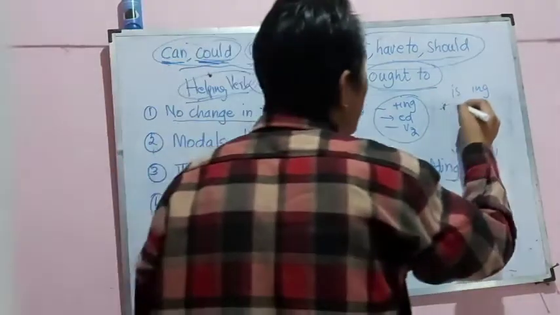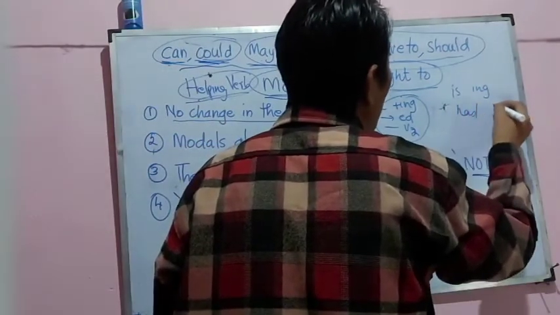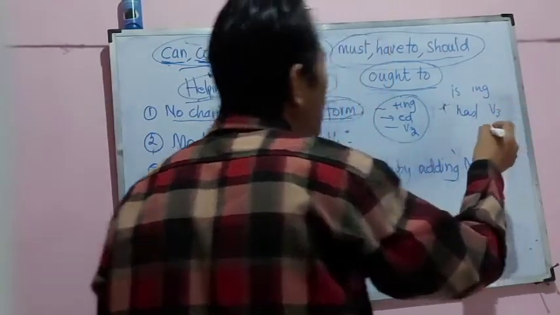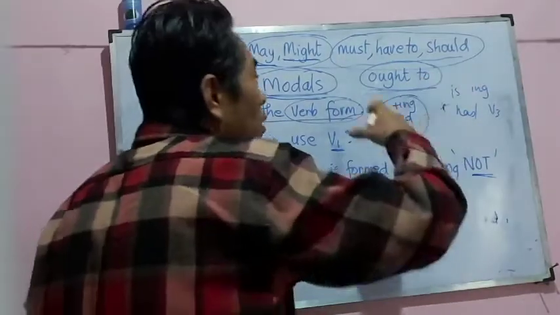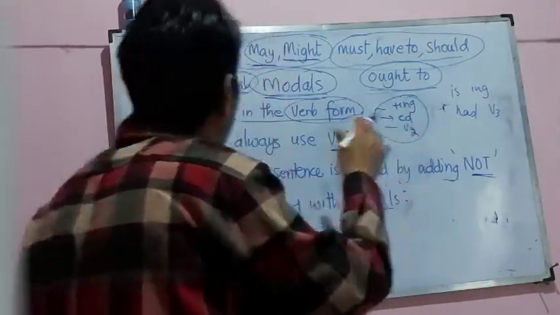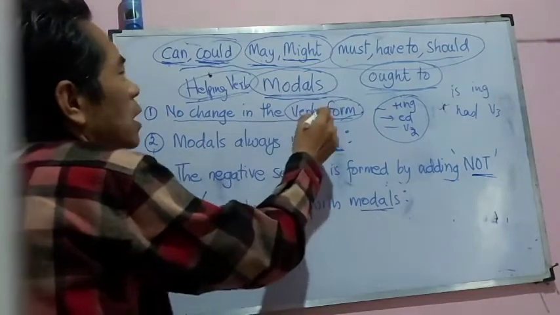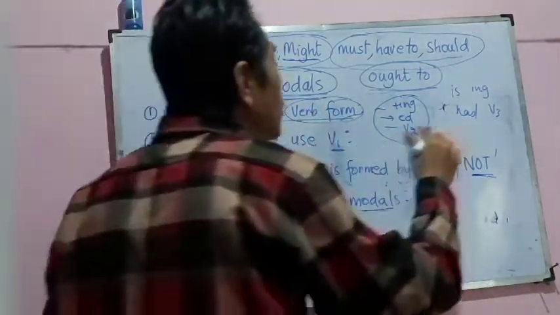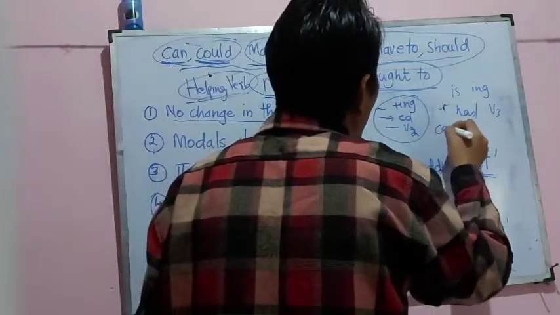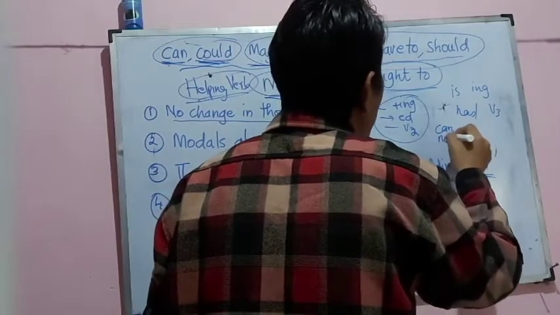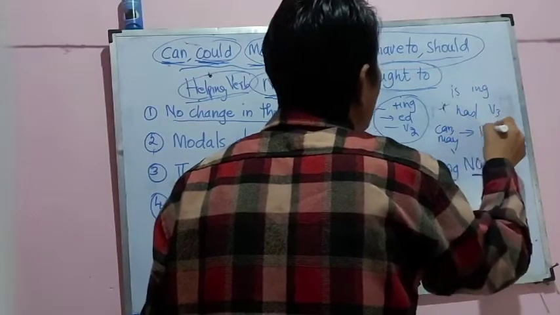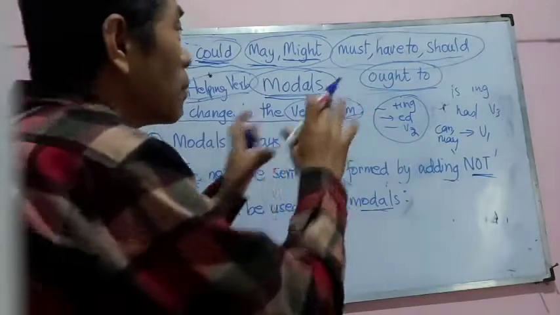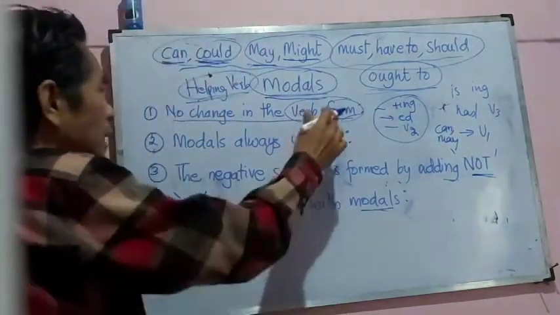If we have has, have, we use verb 3. So you see, the verb form changes. But when we use modals, the verb form never changes. The verb form remains the same. Can, may, all these verb forms remain the same. That is the first thing.